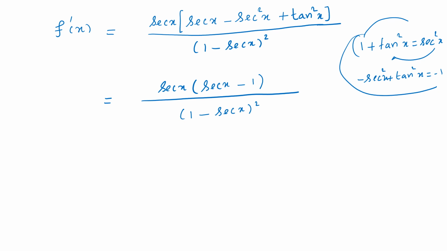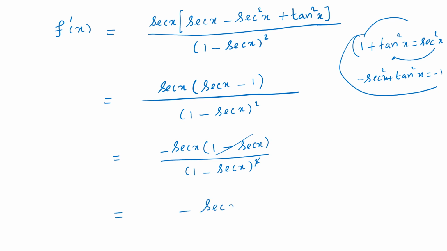So here sec x minus 1, I can write this by taking minus outside, minus sec x multiplied with this, minus 1 becomes plus 1, this plus sec x becomes minus sec x over 1 minus sec x square. Okay, so 1 minus sec x, 1 minus sec x will be deleted. So remaining is minus sec x over 1 minus sec x.